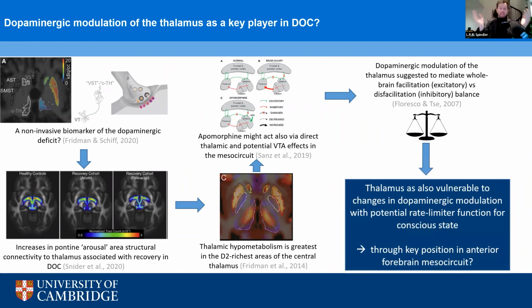And again, very much like the precuneus, the thalamus might be very vulnerable to changes in dopaminergic modulation, with a potential rate limiter function for consciousness via its function in the anterior forebrain mesocircuit.